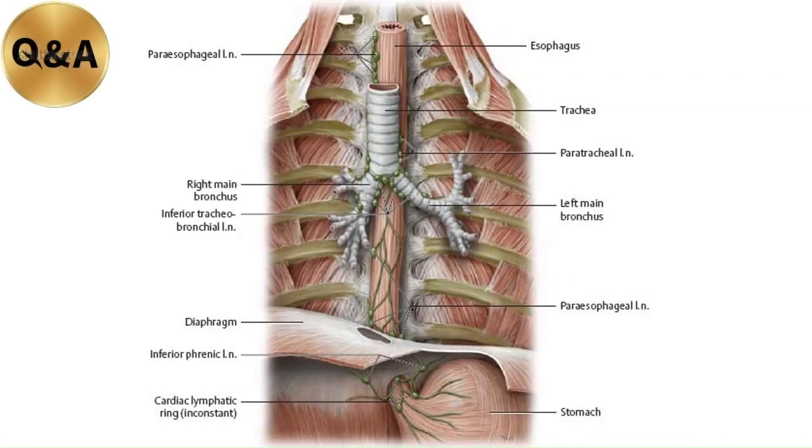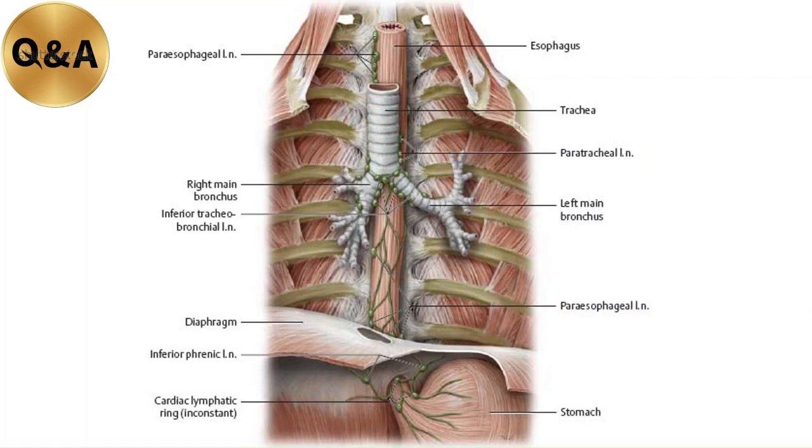The lymphatic drainage is also segmental. It is going to go to the paraesophageal lymph nodes in the neck and upper thorax.